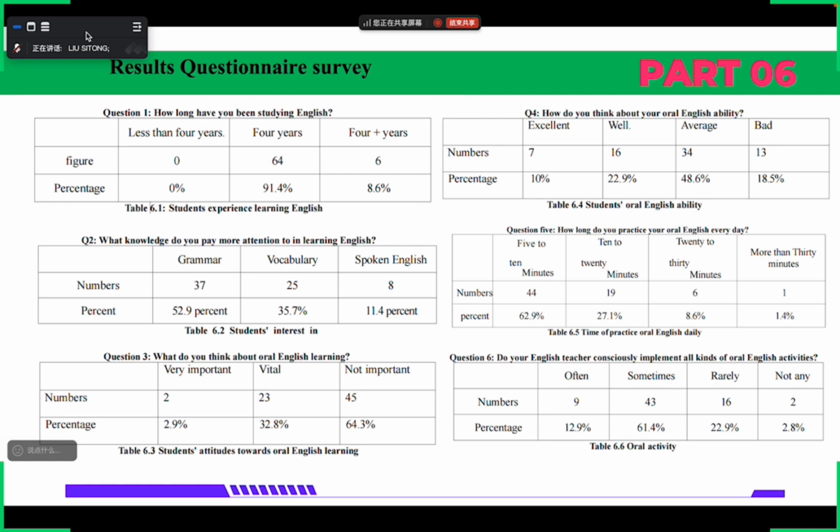Okay, so more engaging and interactive speaking activities should be incorporated into the curriculum.